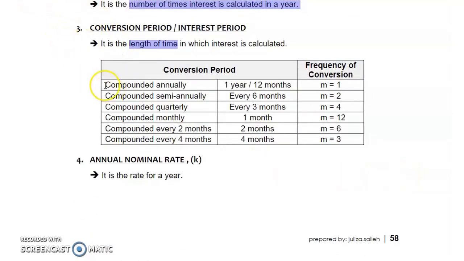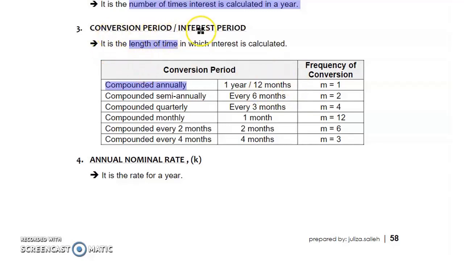Okay, first we have compounded annually. What is the conversion period or interest period? It is about length of time. If your interest is compounded annually, it means that we need to wait for 1 year, also equivalent to 12 months, then we calculate the interest.